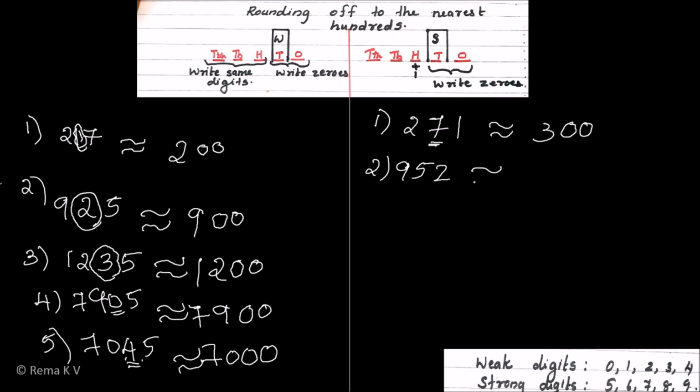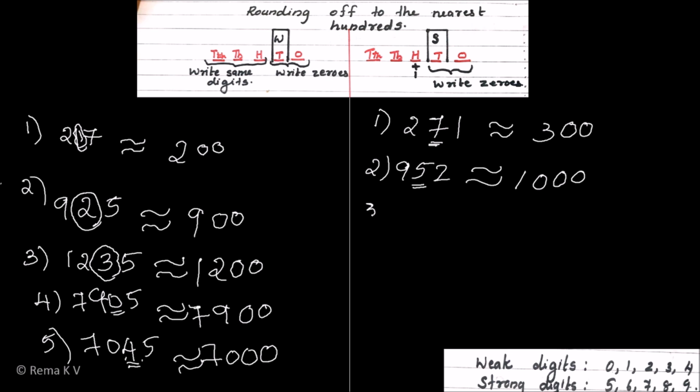So this is rounded off to 0 in the ones place, and in the tens place also 0. Check the digit in the tens place. The tens place digit is 5, which is a strong digit. So add 1 to this digit. 9 plus 1 is 10 here. So 952 is rounded off to 1000.